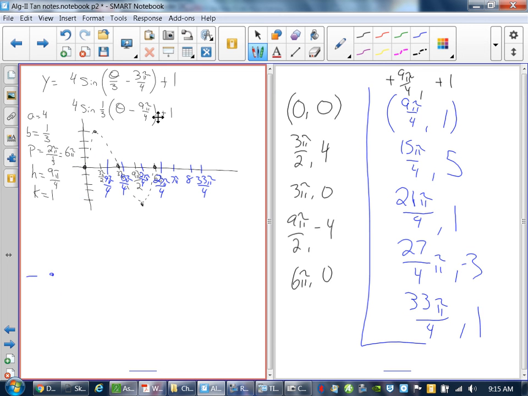So this one starts at 1, goes to 5, back to 1, negative 3, back to 1. Yeah, close-ish. They're a bit of a pain, but you get the idea. Okay?